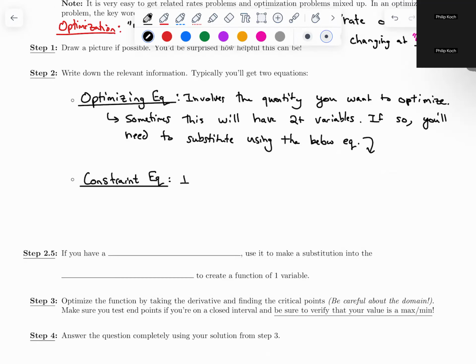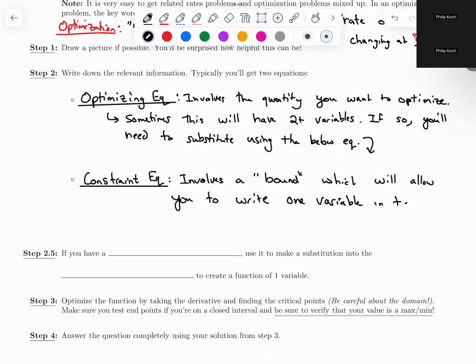This usually involves a quote unquote bound, which will allow you to write one variable in terms of the others for substitution.